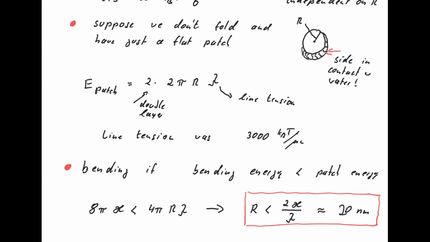Hence, this very simple mechanical model tells us that there is a minimum size of vesicles, and that is governed by the bending stiffness of the membrane.